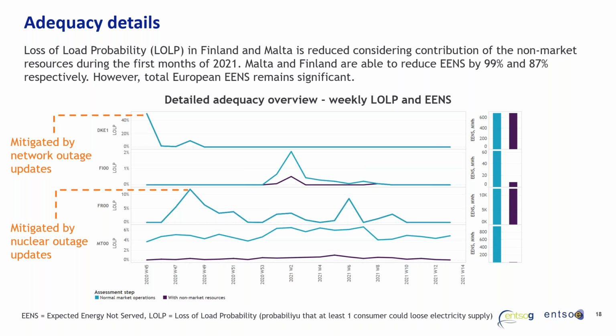In Denmark's case, you see quite a high value at the beginning of November. This period has already passed, but when we finished our simulations, it was very important information, and following it, the network outages were updated in Denmark, and the risks decreased substantially.